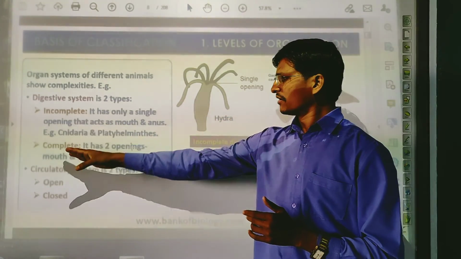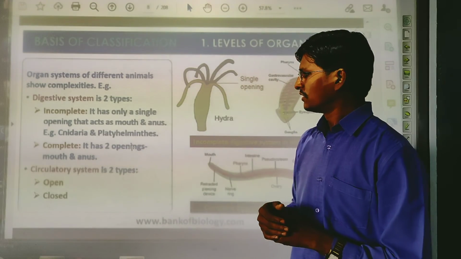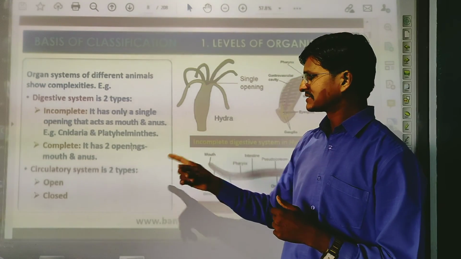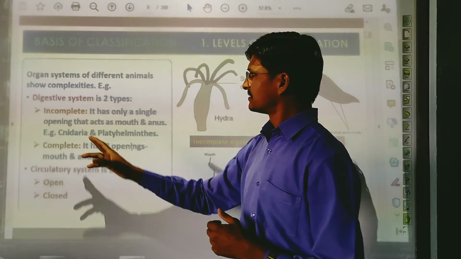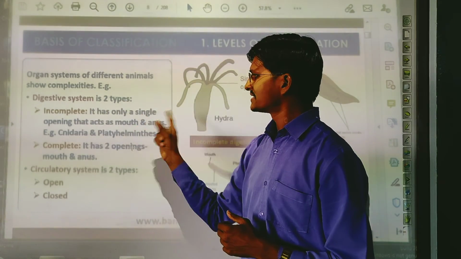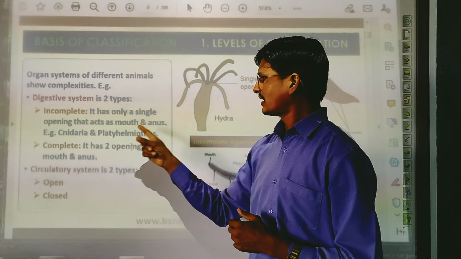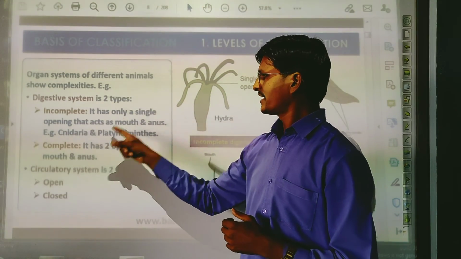If it is complete, it has two openings, mouth and anus. If incomplete, it has only a single opening that acts as both mouth and anus, as in Cnidaria and Platyhelminthes. That is very important.